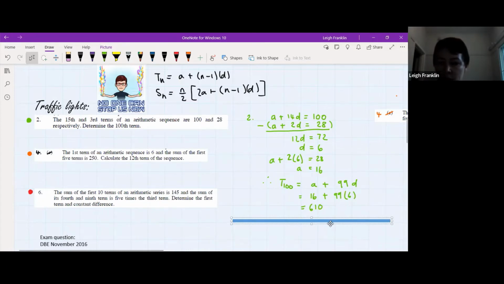How did that go, Matrix? Thumbs up, thumbs down. How do you feel about question 2? Okay, you got everything except for A. Okay, so you wouldn't have been able to answer the question unless you'd got A. All right.